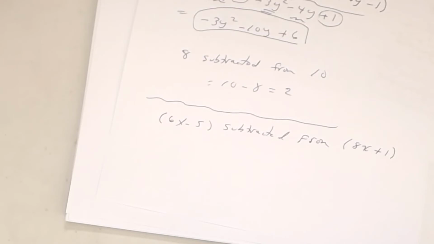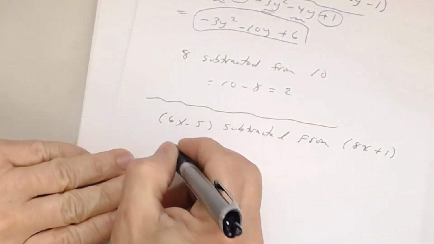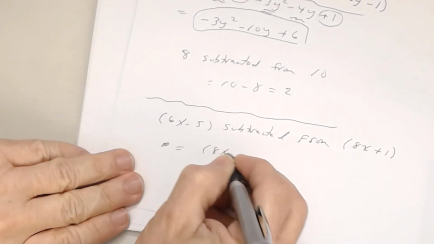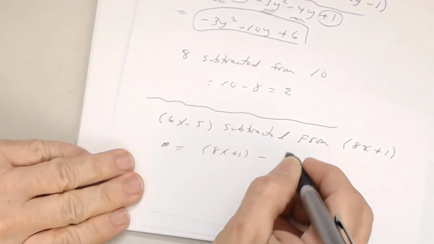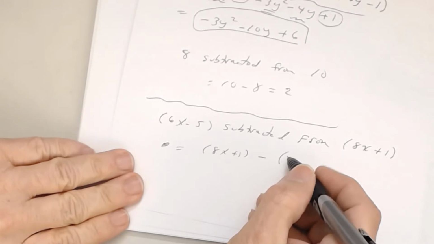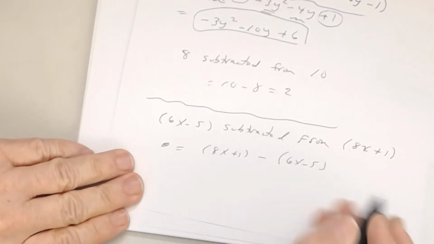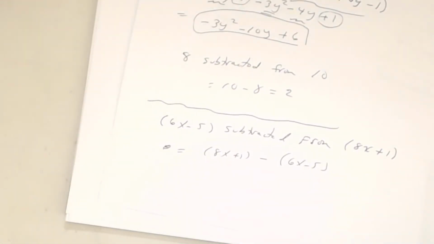So you can put 8x plus 1 first. So you're going to say that's going to be 8x plus 1, and then subtract in parentheses 6x minus 5, and now that looks like the previous one. So on your final, you're going to see subtract from. So you put that second polynomial first, and then you say minus, and then the next one.